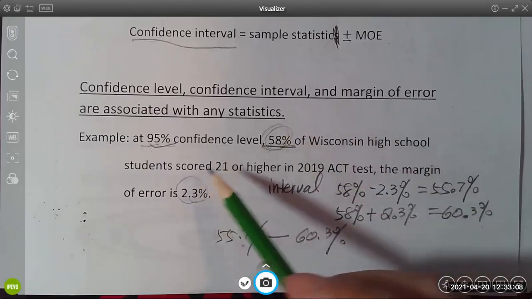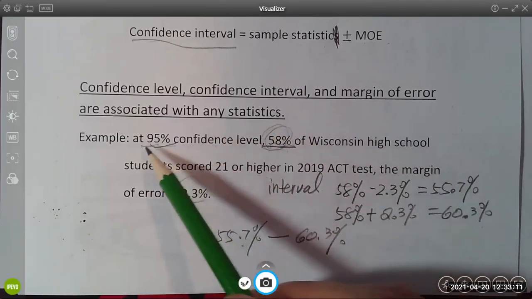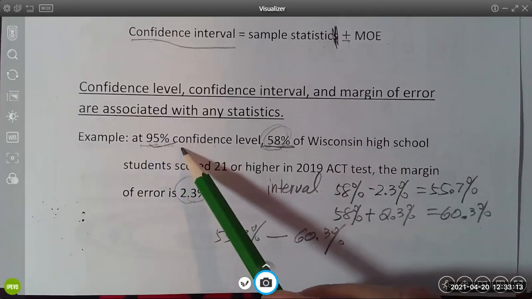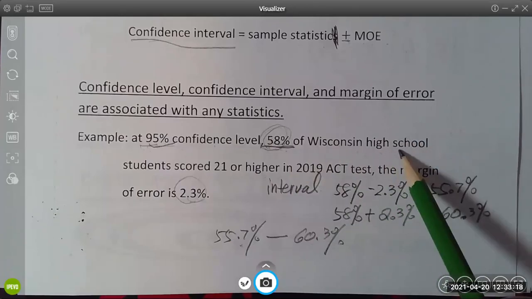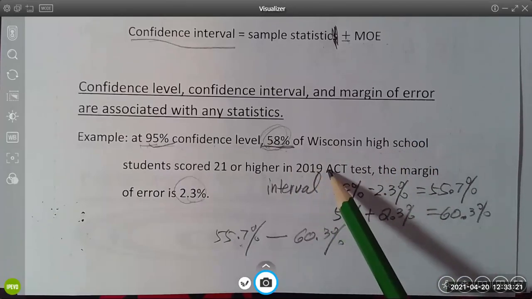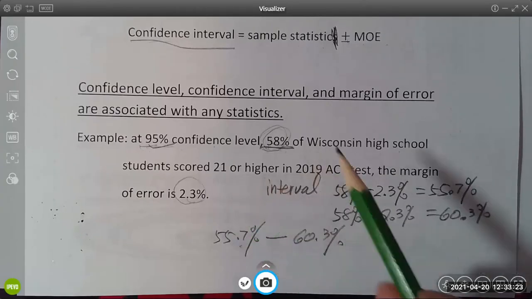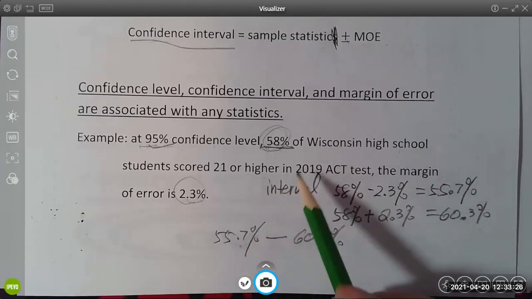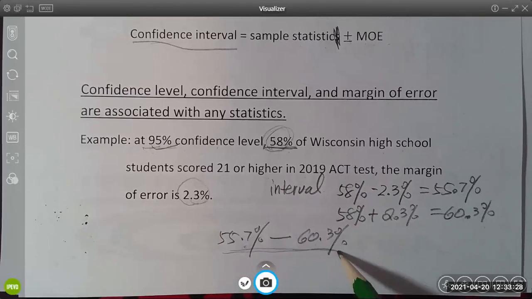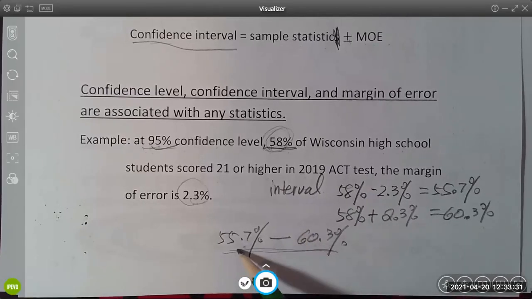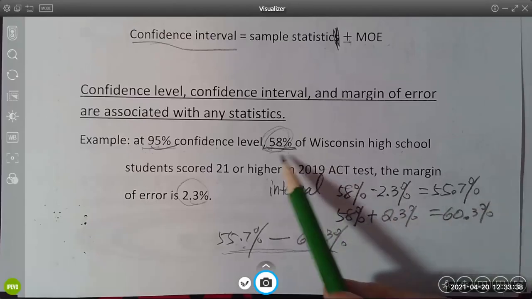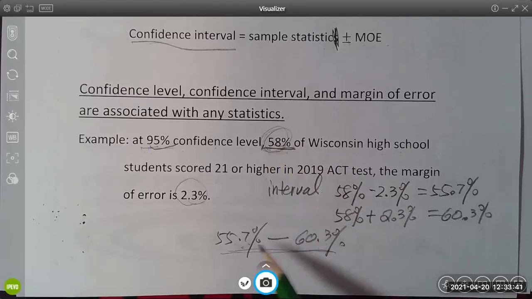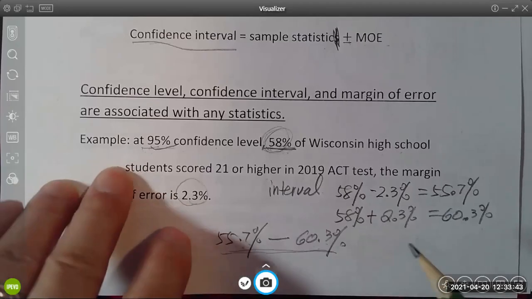Another way to see that is that there is a 95% chance that the actual percentage of Wisconsin high school students in 2019 who got 21 or higher in the ACT test will fall in this interval. There's a 95% probability, likelihood, that the true percentage will be between these two numbers. And that is the interpretation.